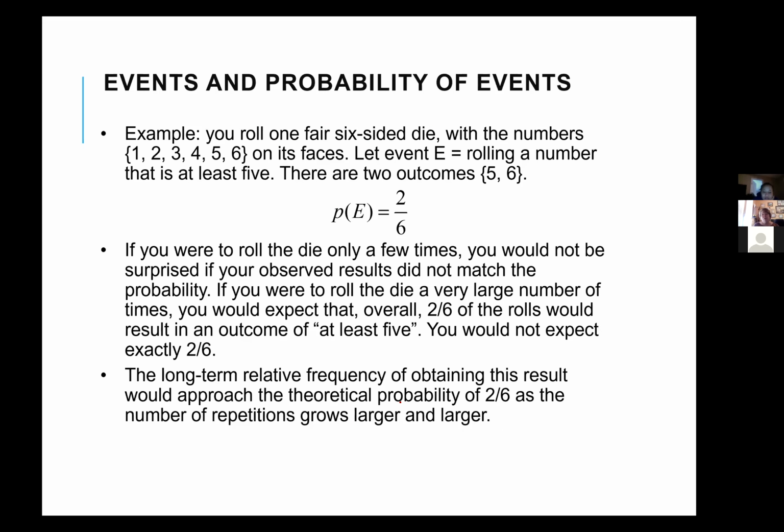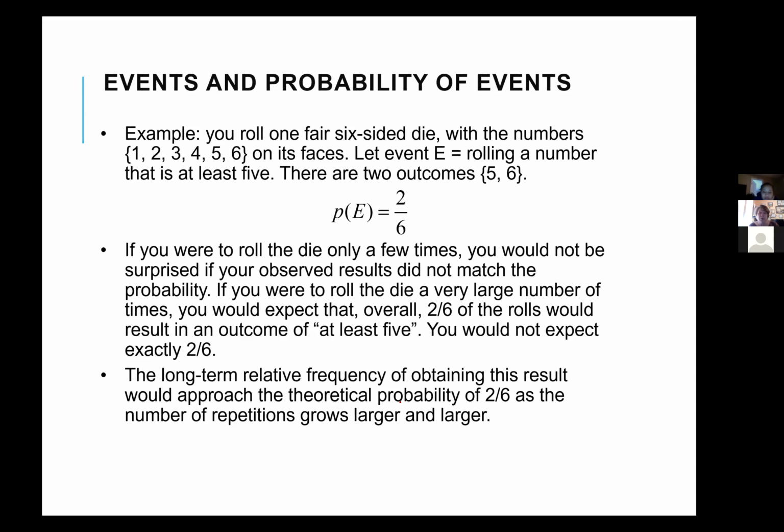Okay, so what if you roll a die? You roll 1 fair 6-sided die with the numbers 1, 2, 3, 4, 5, and 6. So your sample space consists of the set that includes those 6 numbers, 1 through 6. Let the event E be rolling a number that's at least a 5.